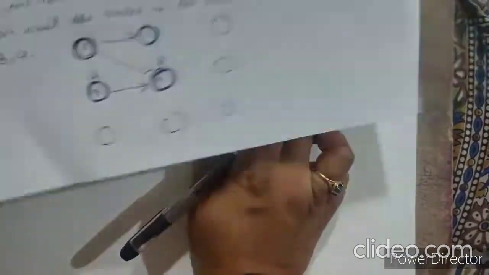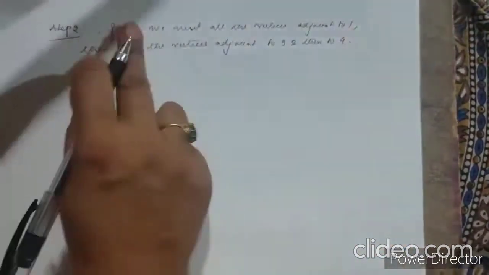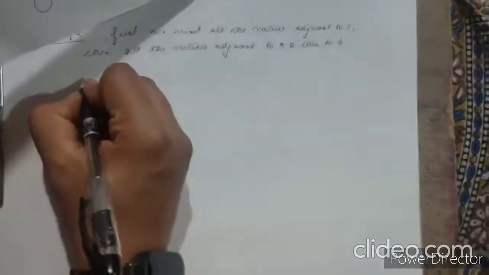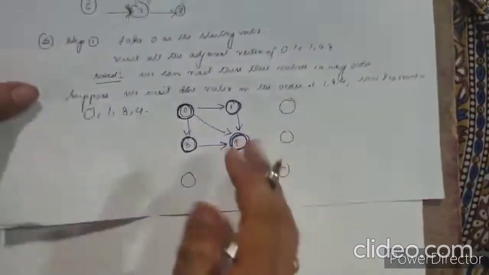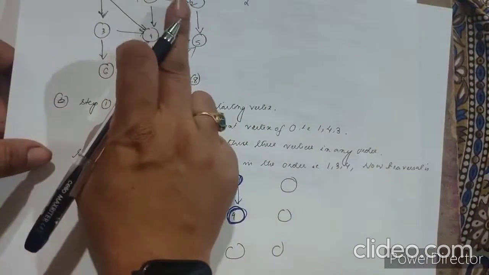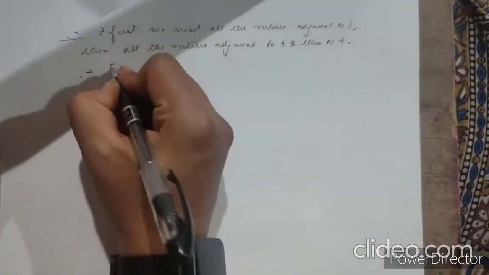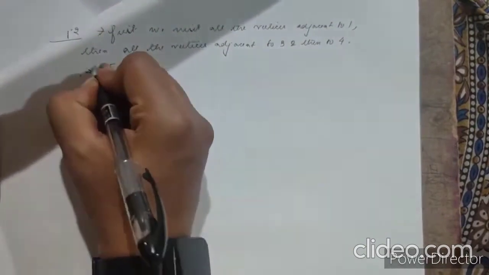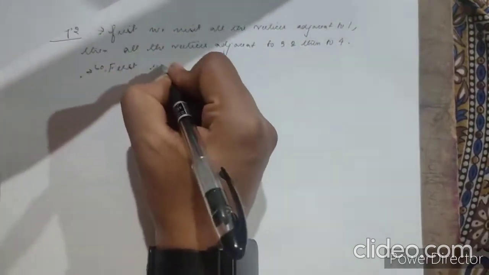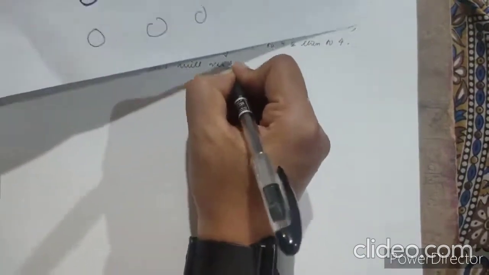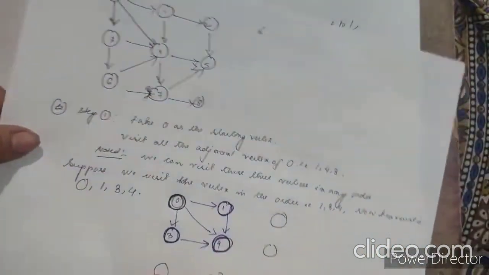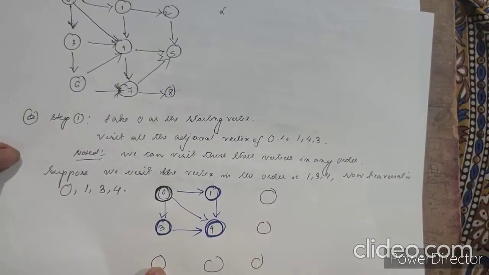So when we visit the vertices adjacent to 1, what are they? What are adjacent to 1?